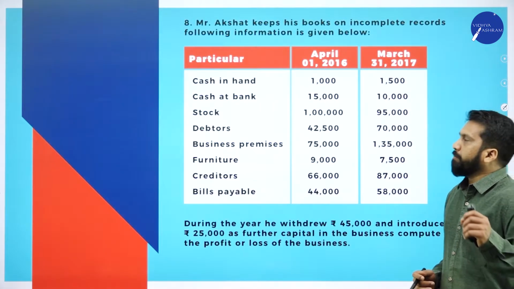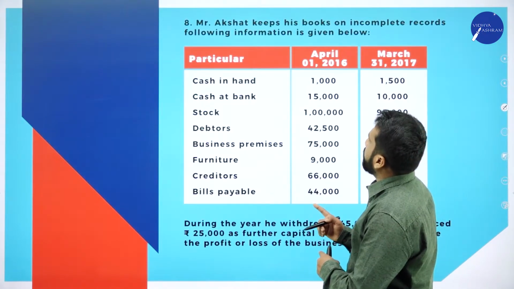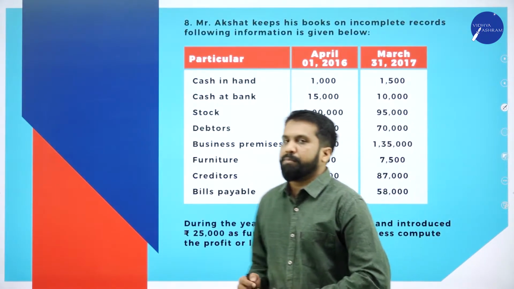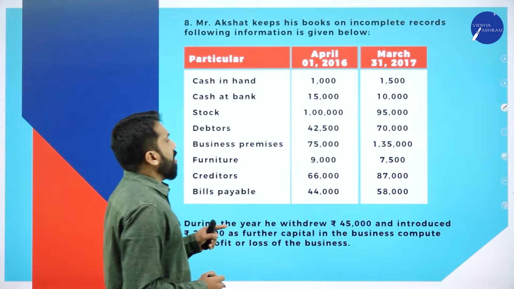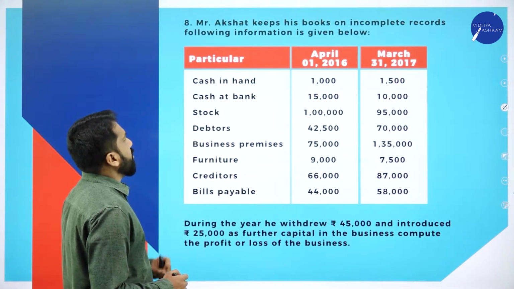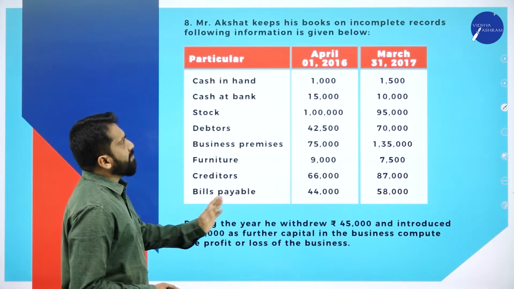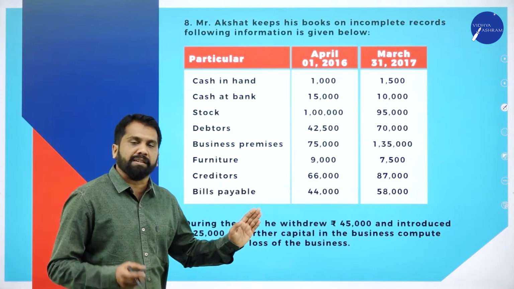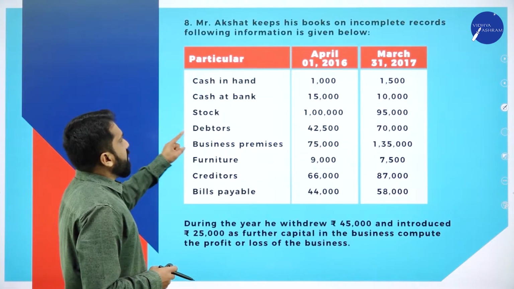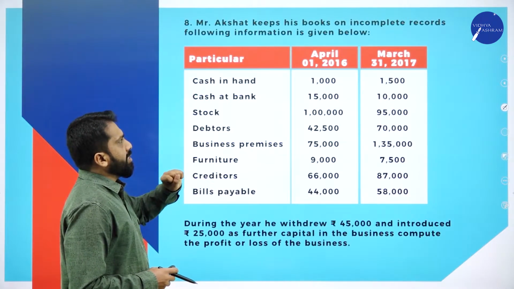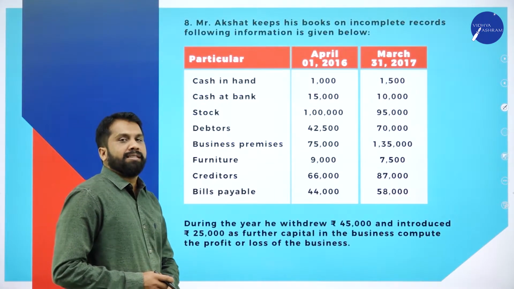Now, we'll come to the second one. Mr. Akshat keeps his books on incomplete records. The following information is given below. So these are the informations they have given, for April 2016 and March 2017.